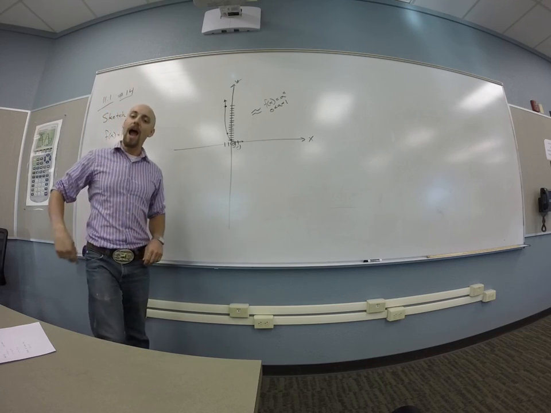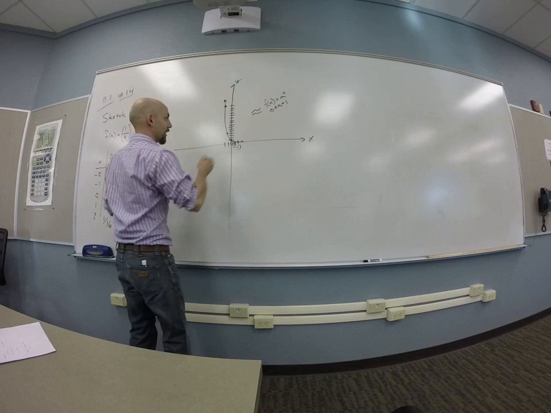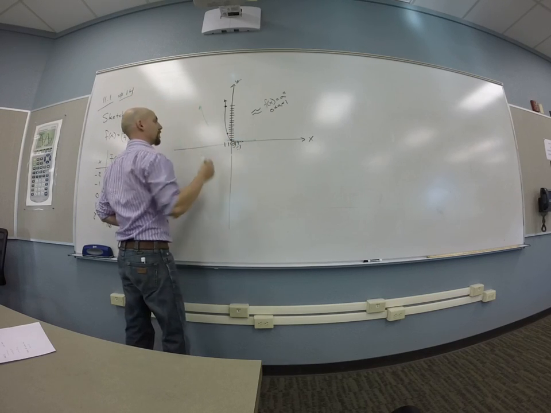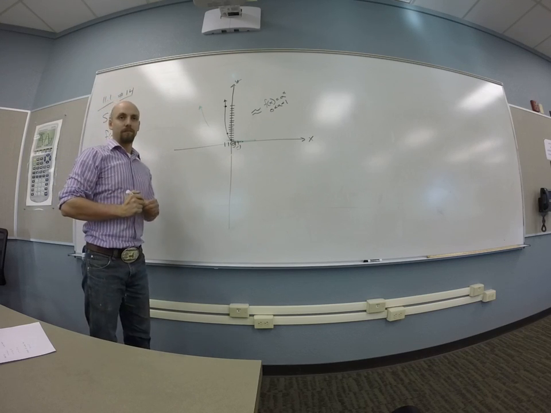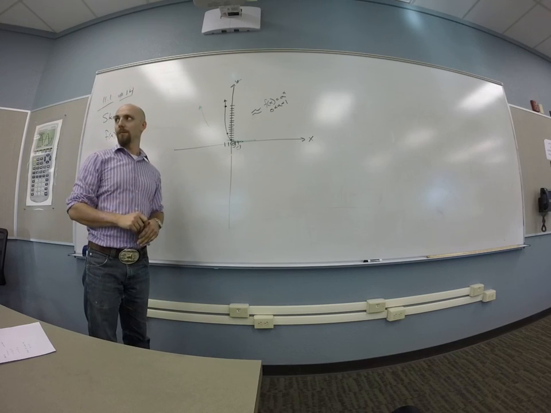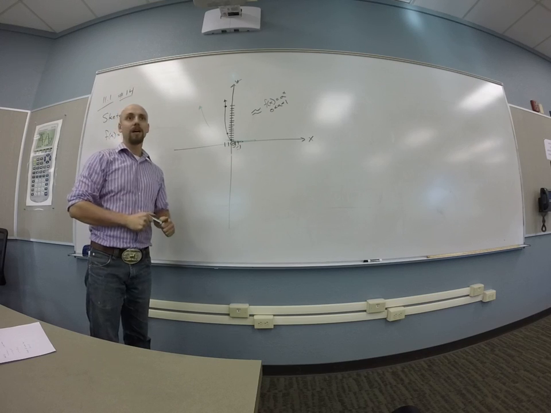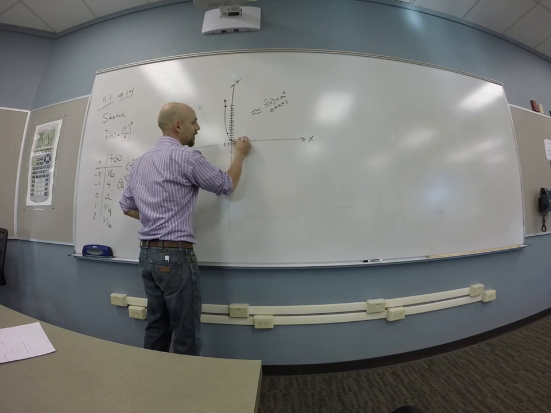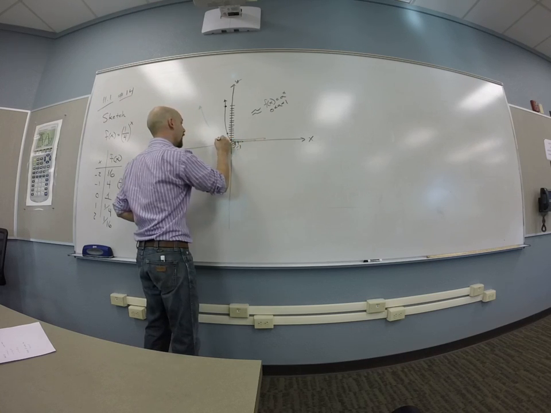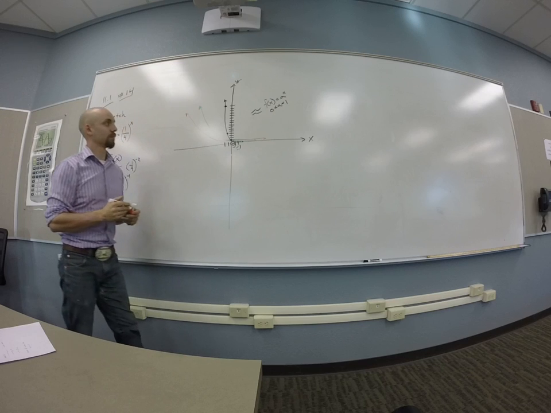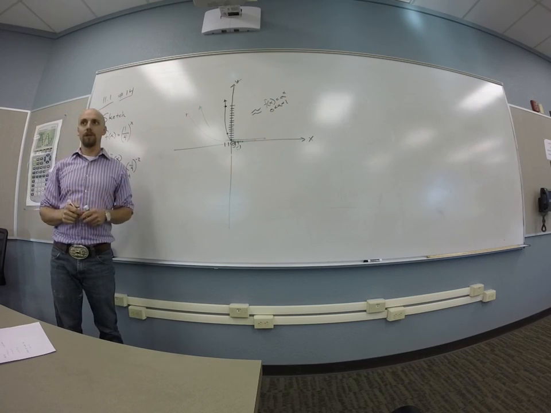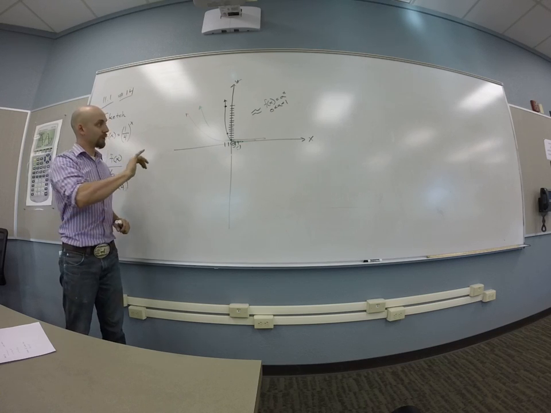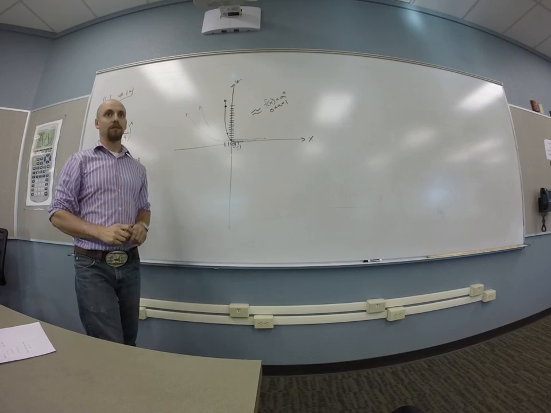If I was going to do a half, it would maybe look like this. That might be f of x is 1/2 to the x. If I did f of x is 0.9 to the x, that would look a bit more flat, like this. You guys see that? The closer it gets to 0, the steeper this thing gets.